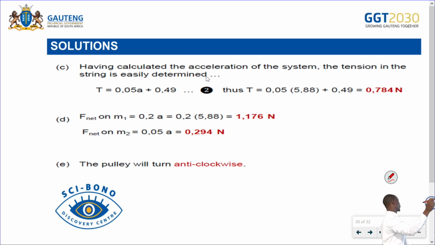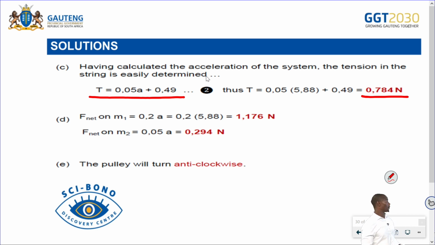So the net force for the first one, not the tension but the net force of the 0.05, and then the net force of the other one, and then from there you compare the one with the greater net force.